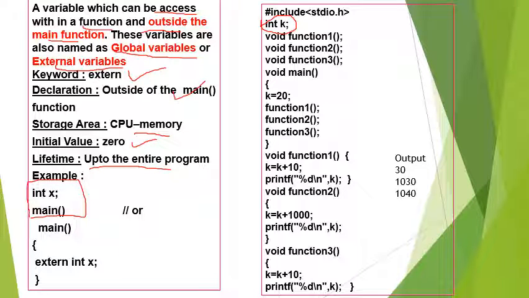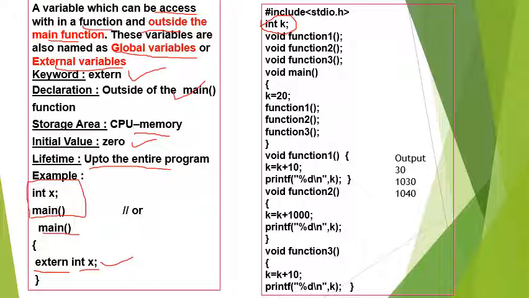That means we can declare int x before the main function. Or we can declare it inside the main function, then we need to use the keyword extern. Likewise we can declare. So we can see a simple example.